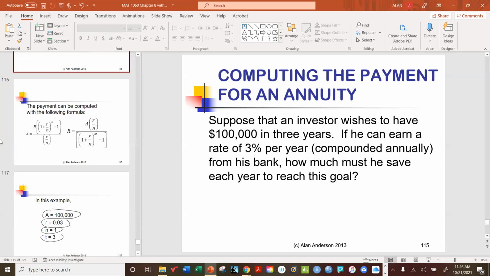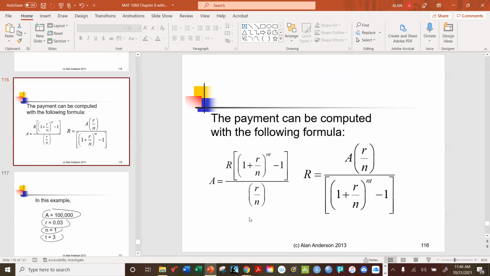So what we're going to do is look at our formula and say we know A, because A is actually $100,000. That's what he's aiming for. So what's missing is the R this time. What we want to know is what R has to be in order to reach our target of A equals $100,000.